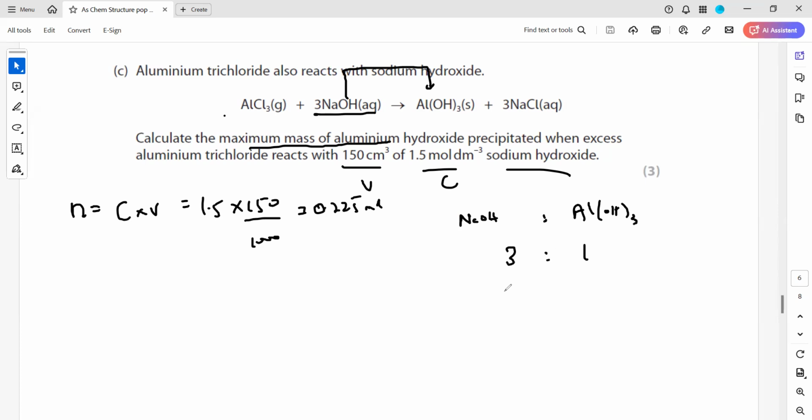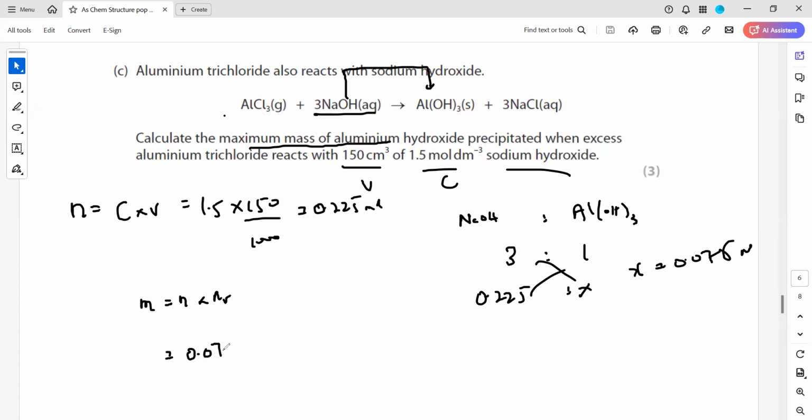So 3 moles give 1. So 0.225 is 3, and X cross multiply, so this will be divided by 3, and we get 0.075 mole. And then multiply by the molar mass of aluminum hydroxide, because mass equals moles multiplied by molar mass.